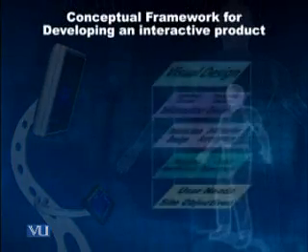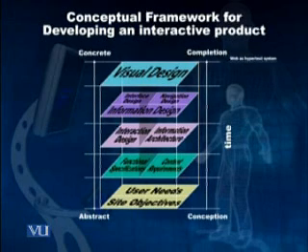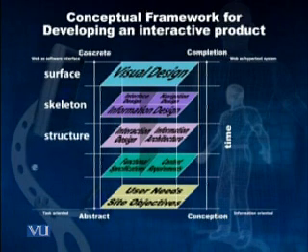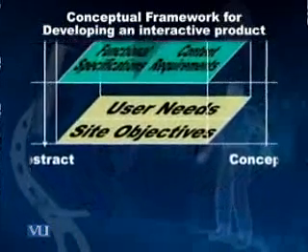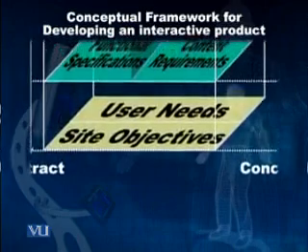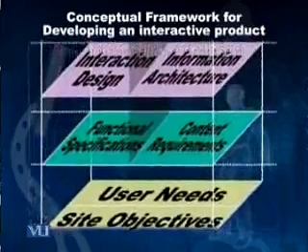Now once again, let's take a look at the diagram, this conceptual framework. In it you can see that each plane is related to the preceding plane. So if we look at the functional specifications or content requirements, they depend upon the business requirements, the business objectives, or the user needs. On the basis of content requirements, you develop information architecture. On the basis of functional specifications, you develop interaction design.